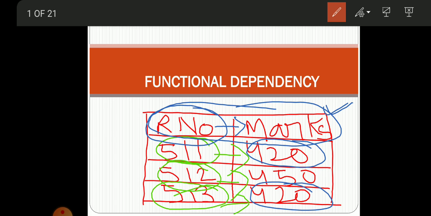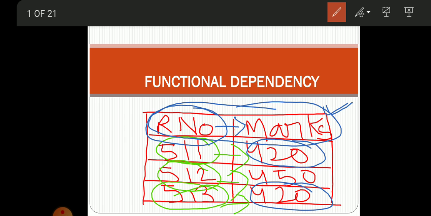It means if we enter a roll number, then we'll get the marks, and the opposite does not hold. It means we enter the marks and then get the roll number, no, that would not be the case, right? So this is all about functional dependency. I have taken a simple example, by which I think you understood functional dependency.